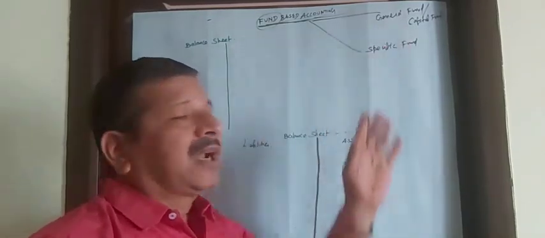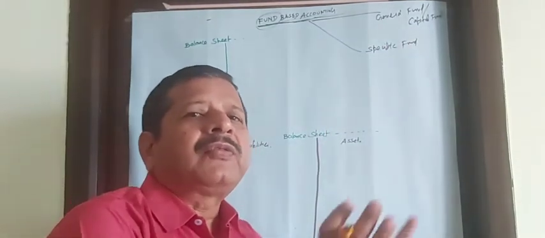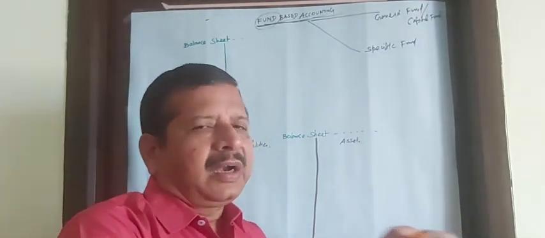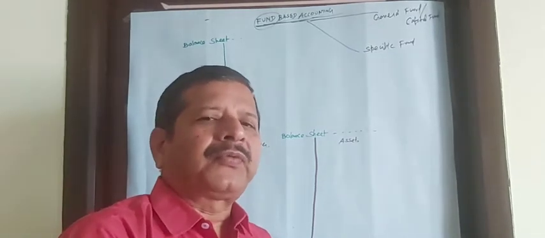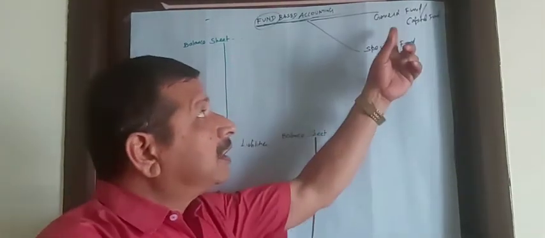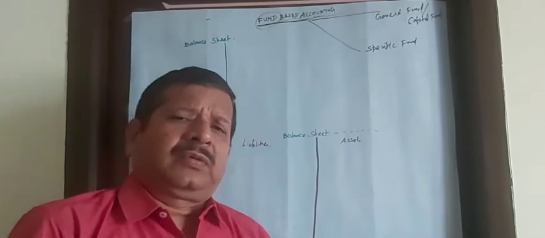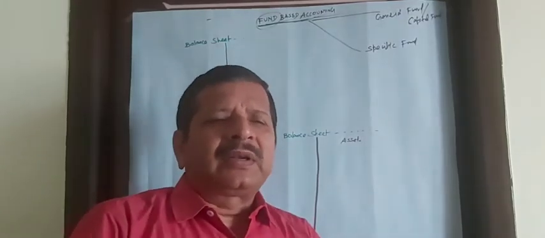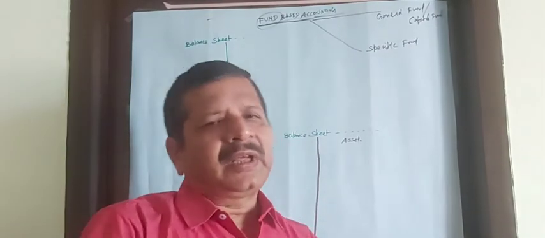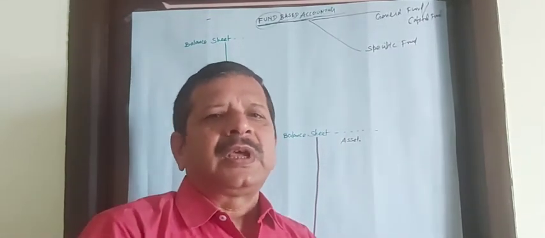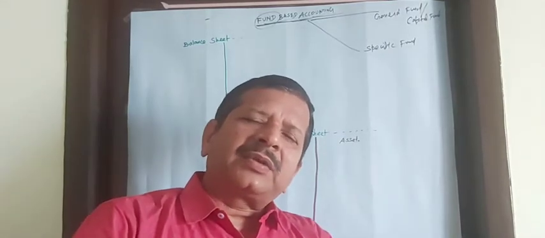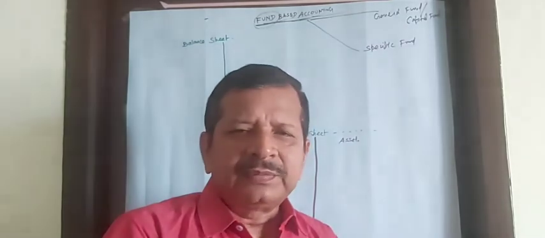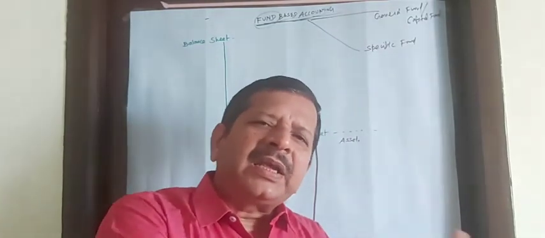These two funds are flowing into the organization, that's called a not-for-profit organization. How does this general fund flow? Very simple. The members contribute the subscription, and the members as well as the public give a general donation, a small amount. Like that, the money keeps on coming.